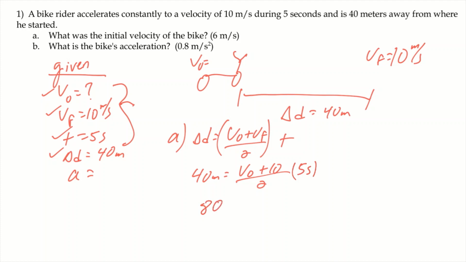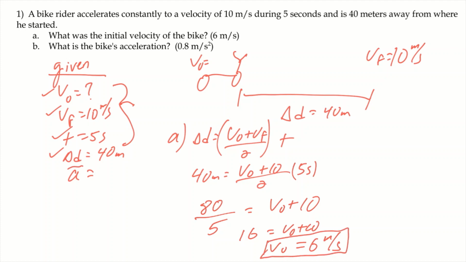That gets me 80. We'll divide both sides by 5. That equals VO plus 10. So 80 divided by 5 is going to be, what's that, 16? 16 equals VO plus 10, so VO should be 6 meters per second. And that's it.